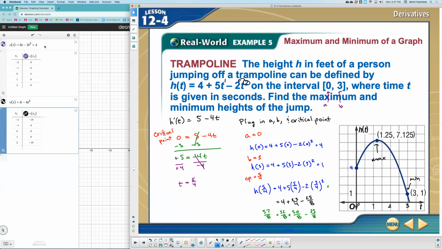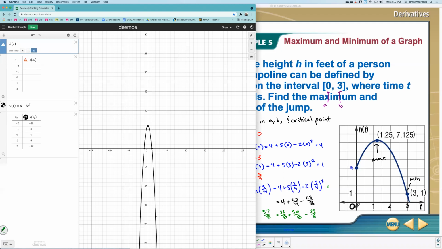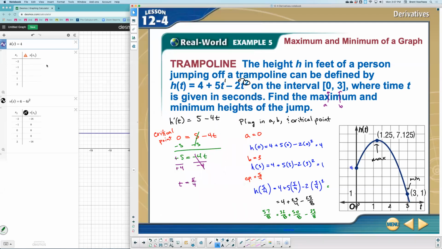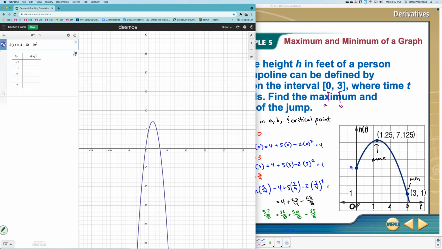And now I'm going to show you why I said it would be quicker if I would use this calculator here. H of t equals 4 plus 5t minus 2t squared. And let me get the table. We want the value 0, we want the value 3, and we want the value 5/4.